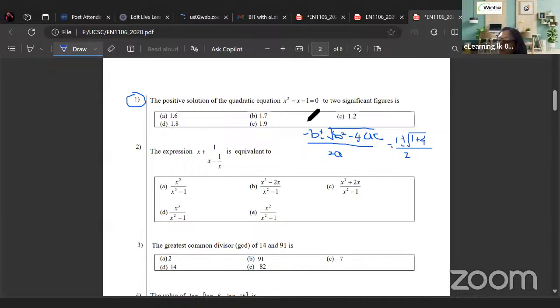Then minus 1 plus square root 5 divided by 2. Instead of square root 5, you can find the answer.